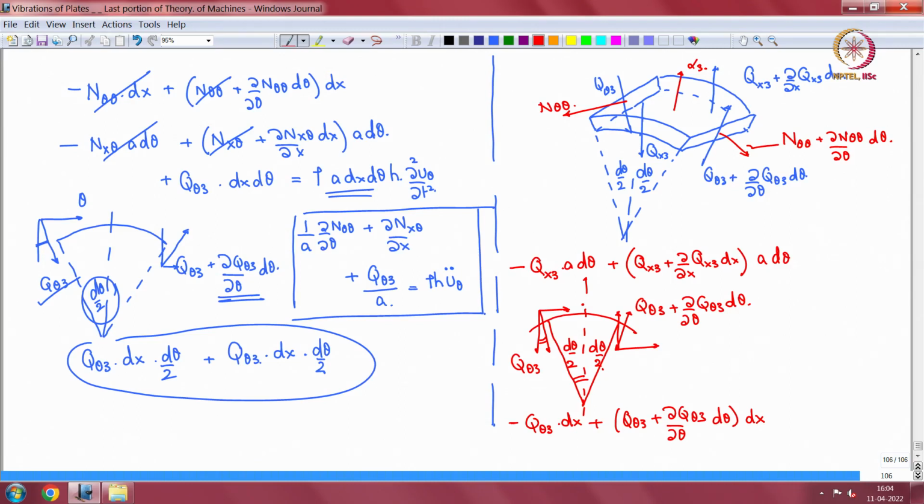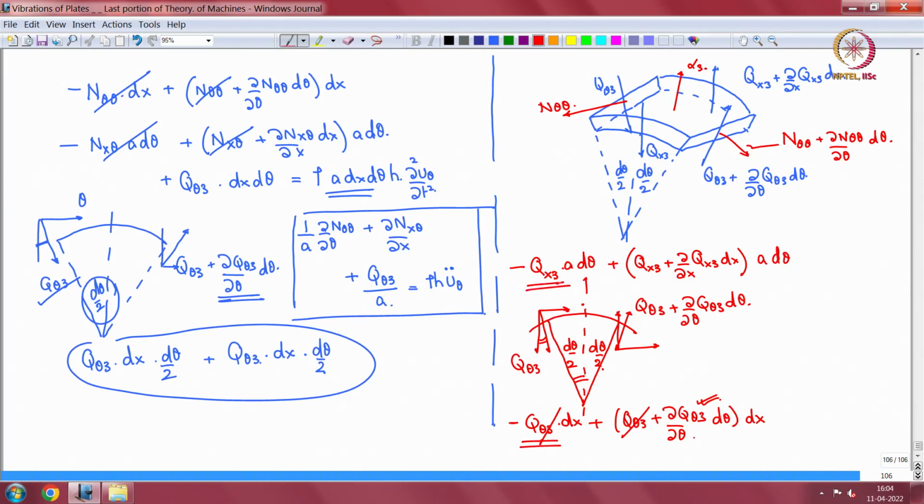That is about it. So this cancels and we get this remainder. That is the q theta 3 resultant.